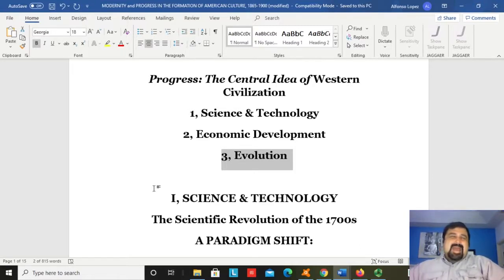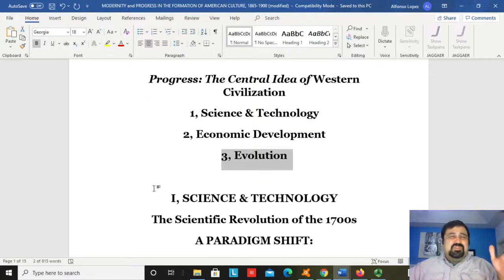Because back in this time, there was a scientific theory proposed by an English biologist by the name of Charles Darwin, who in the late 19th century, I mean, this theory was published in the 1850s, but this theory is going to gain a lot of popularity, not only in England and Europe, but also in the United States.